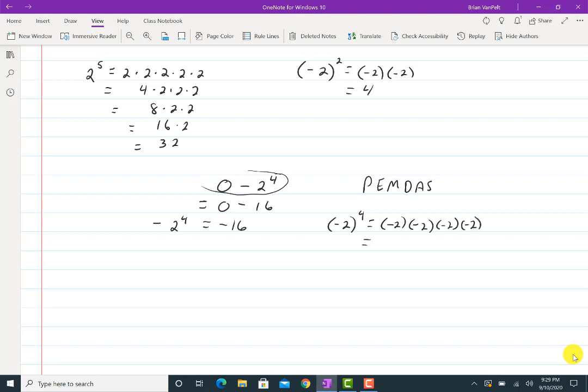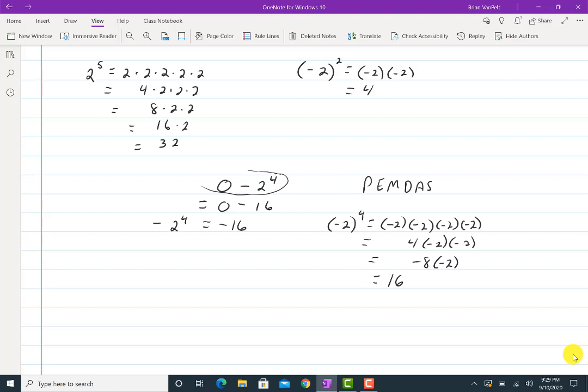And that will then, in this case, you will get 4 times negative 2 times negative 2. And that will equal negative 8 times negative 2. This case, it's positive 16.